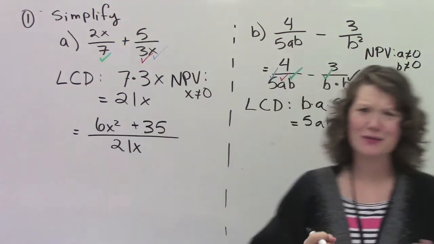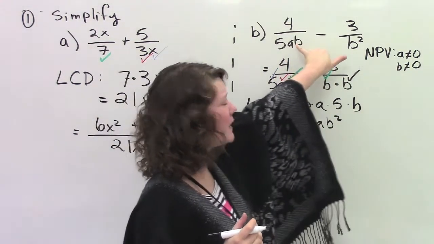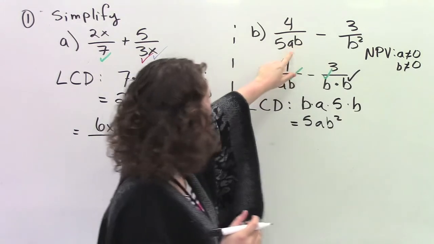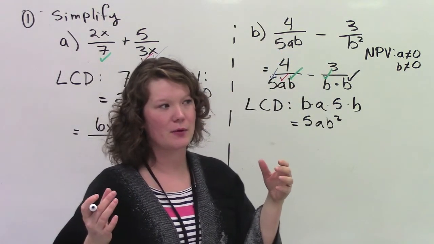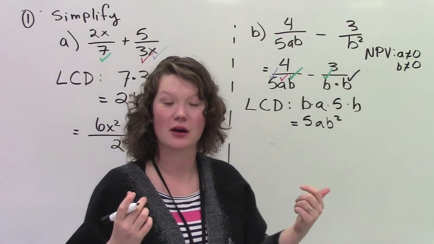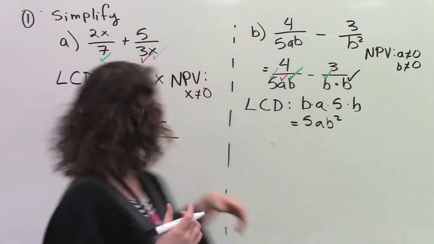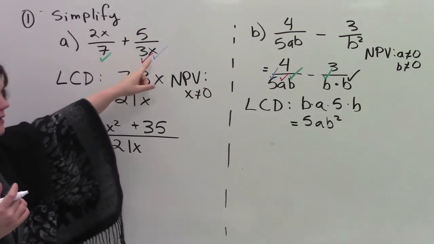Some of you are going to be like, well, yeah, but if I were to multiply these two things together, do you see how it would be, like remember with my example where we had denominators of 3 and 4 and we just multiplied them together to get the common denominator of 12? Just like this one, we could have just multiplied these together, 7 times 3 times x.